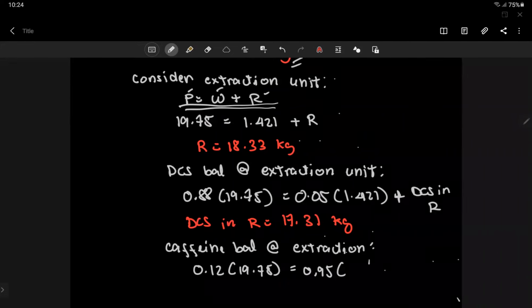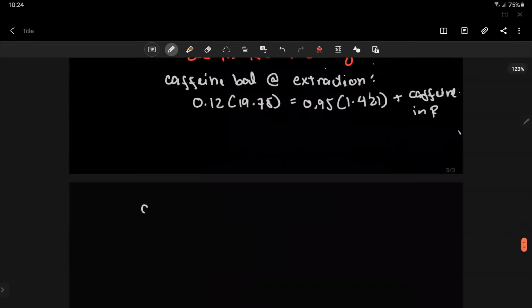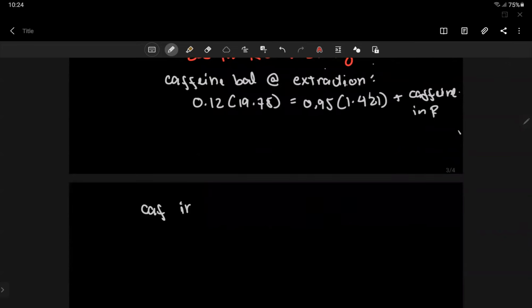So 95% of W, and W again is 1.421. Plus, sa R, caffeine in R, unknown. Yun yung hinahanap natin. Therefore, caffeine in R, you will be able to solve that to be 1.02 kilogram.